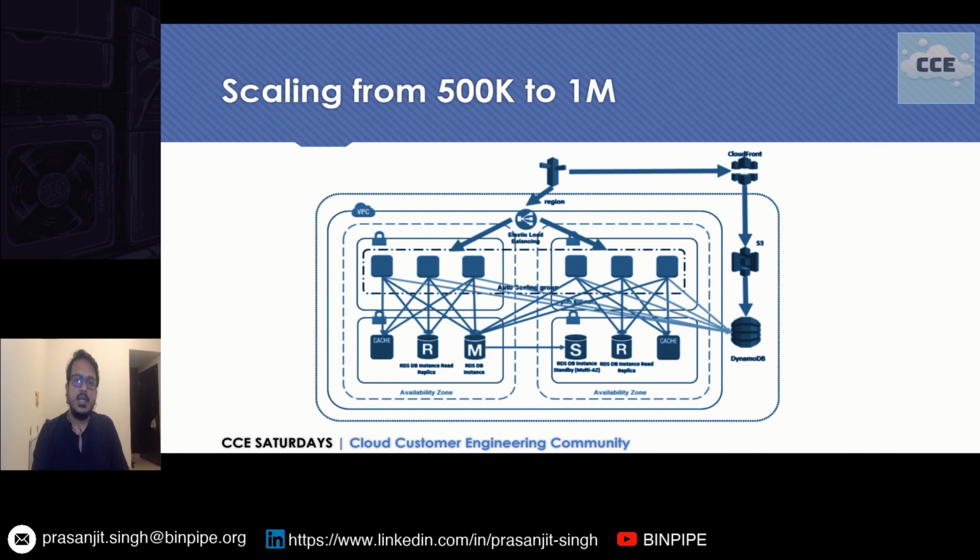Well, if you look at this diagram, you will see a single application tier that uses auto scaling to automatically scale the web servers. You could have another auto scaling group for your application tiers that are in the private subnets as well.